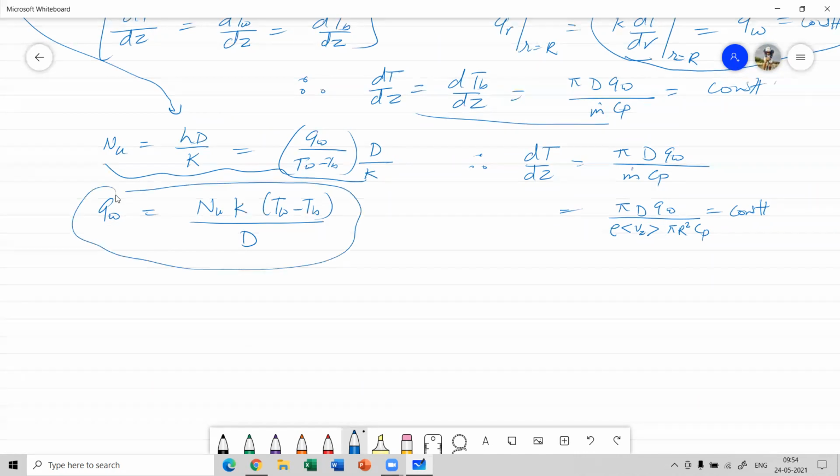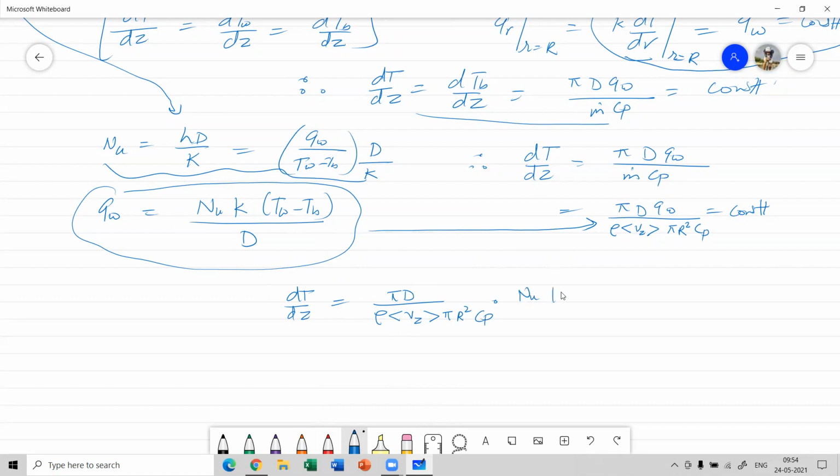Now we're going to substitute this expression of qw into this expression. So dT by dz will be pi d, with qw replaced by this expression: pi d by rho average velocity into pi r square Cp into Nusselt number k into Tw minus Tb over D. So this pi gets cancelled with this, and we cancel this with this.